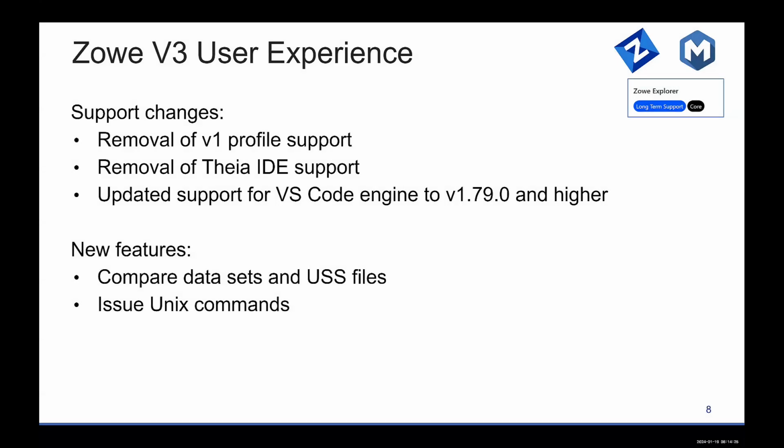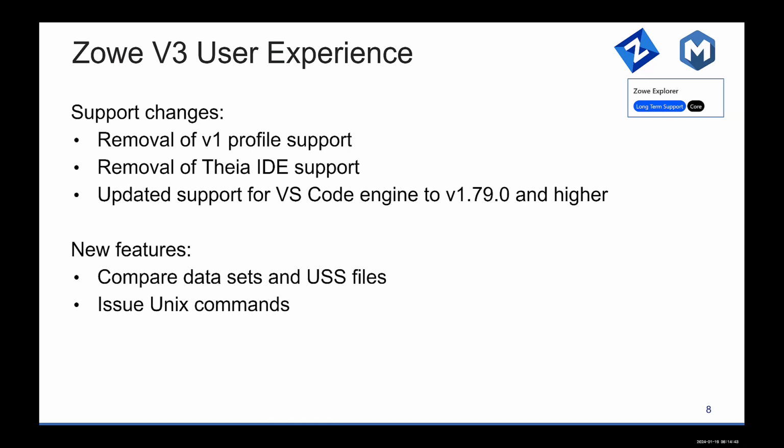So for most users, the transition from Zowe Explorer v2 to v3 should be almost unnoticeable. However, it's worth calling out a few changes. First, we have the removal of v1 profile support, which I just talked about. Then we have removal of support for Eclipse Theia.